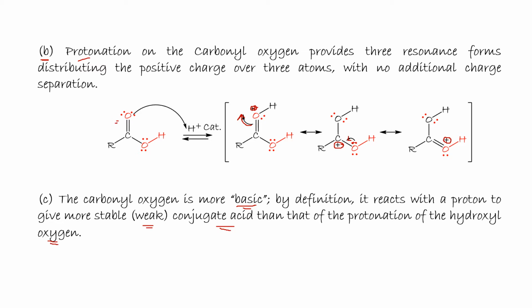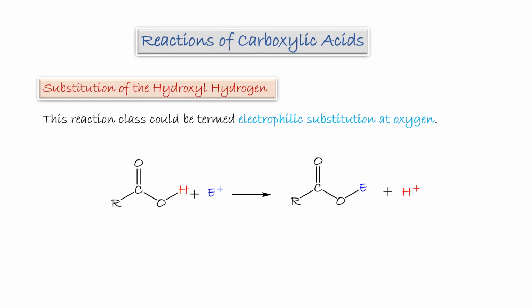So if we say that this is a base and this is a conjugate acid, here the conjugate acid is more stable, so it is a weak acid. Now we know which oxygen will react first as a base or a nucleophile.